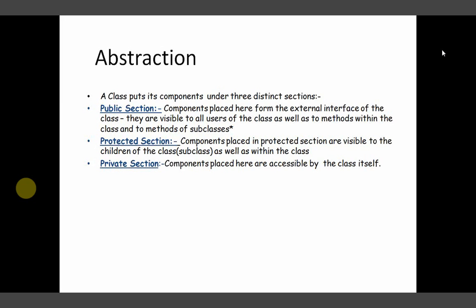Protected section is visible to the children of the class, not to others. And private is meant only for the class itself. Components placed here are accessible by the class itself. So it should be pretty clear to you all.